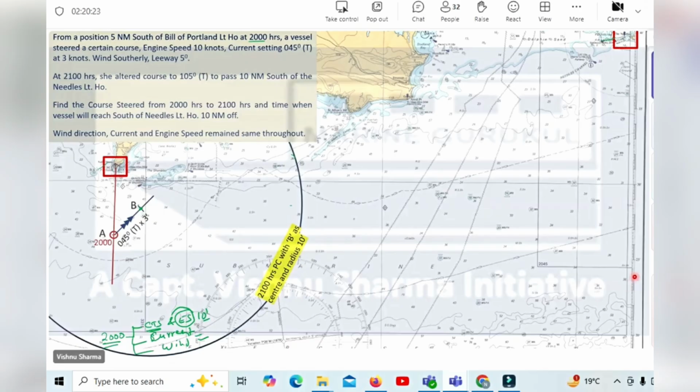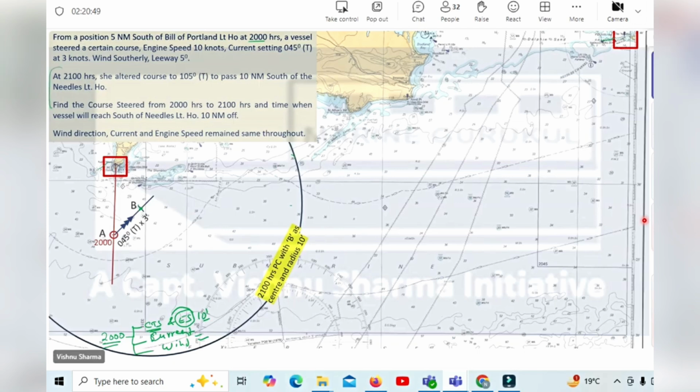So this radius of the circle is not going to be affected by the presence of wind, right, Peter? Understood. Guys, is it clear? I've written here clearly 2100 RPC with B as center, not A, and radius 10 miles. Clear? Yes.